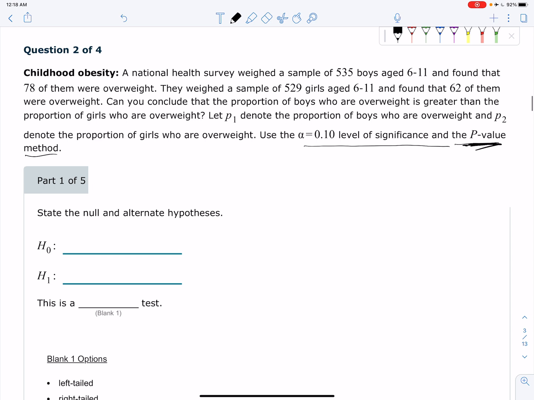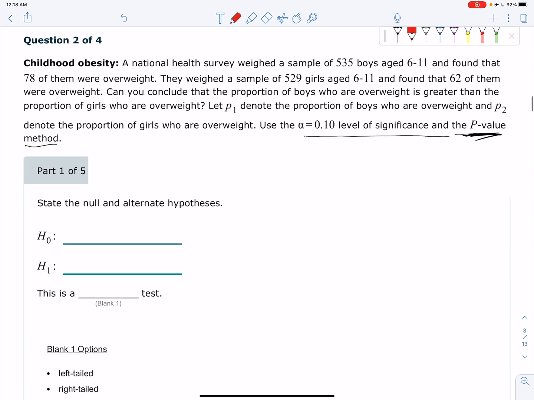So we have a similar thing happening here, and I guess I'll go ahead and run through the same thing just to show you how I would do this. I start reading it, but I also know that they're going to say, well, let P sub 1, they're defining it for me, so I want to know what is that, so I can have my color. Oh, P sub 1 is the proportion of boys who are overweight. Okay, and then it says, oh, P sub 2, what's that?